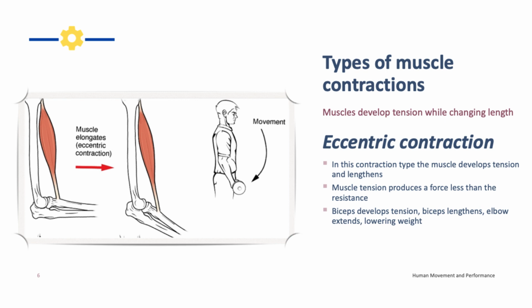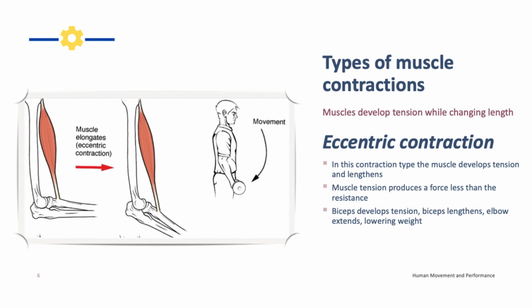So a lot of people, when we do motion analysis in this class, and I ask you to analyze something, if they choose the biceps curl, they say the biceps is active on the up phase and the triceps is active on the down phase. And that is not true. The triceps is mostly quiet during the bicep curl, both up and down phase, because it's the biceps that lifts the weight up when we do the elbow flexion, and it's the biceps that still develops tension but controls the lowering of the weight.